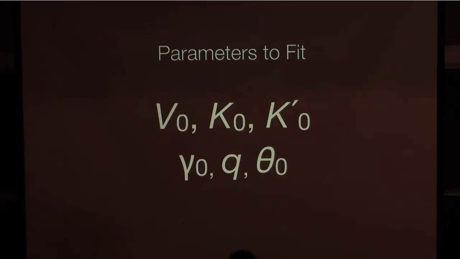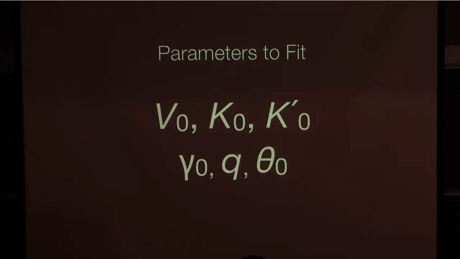So now, finally you have static and thermal parts all together in one equation. You have six parameters to deal with. And the message that I talked about a few slides ago is that the fewer the better, right? And if you have known values, don't try to fit them, fix them.